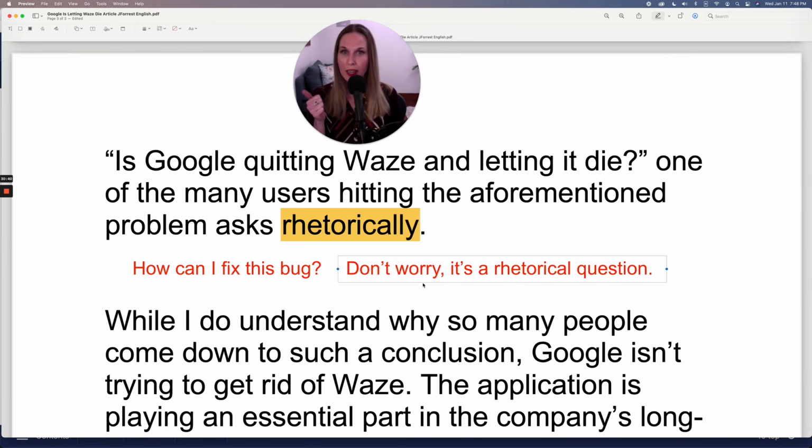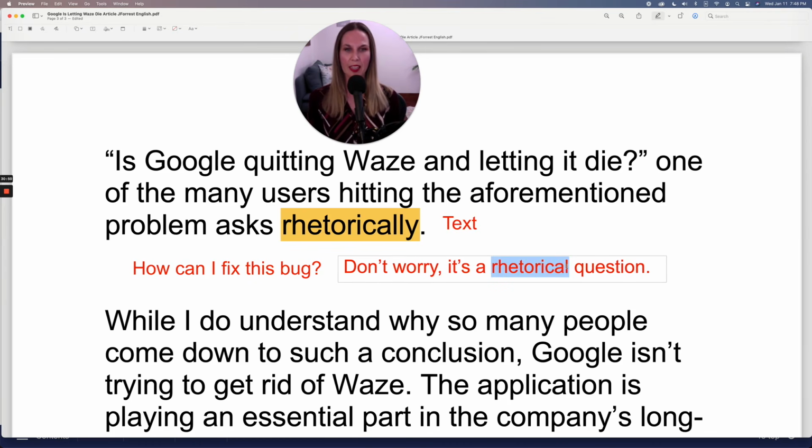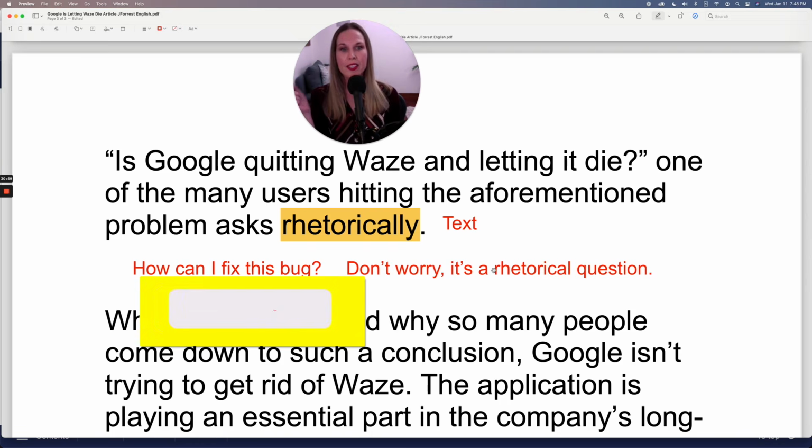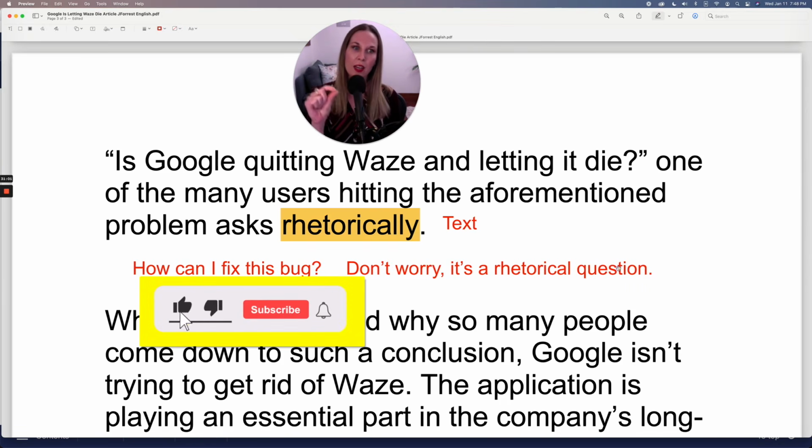Don't worry, it's a rhetorical question, which means I don't actually expect an answer. I don't want an answer. I don't need an answer. I'm just saying it out loud. So it's a useful word to know. Notice here it's an adjective. And here it's an adverb. It's an adverb because it modifies the verb ask. And here it modifies the noun question.